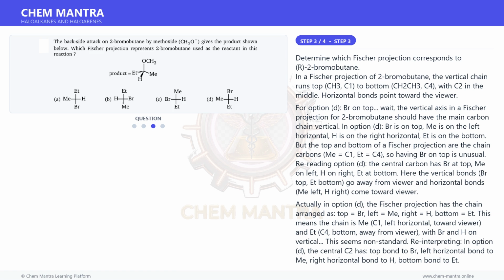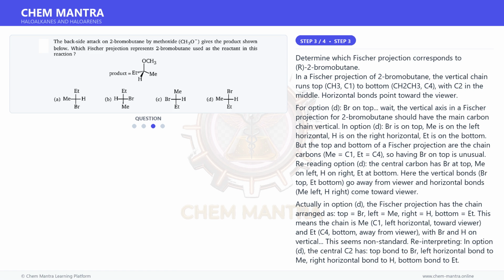Rereading option D. The central carbon has Br at top, Me on left, H on right, Et at bottom. Here the vertical bonds, Br top, Et bottom, go away from the viewer and horizontal bonds, Me left, H right, come toward the viewer.